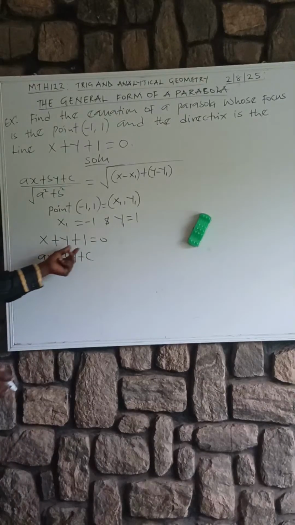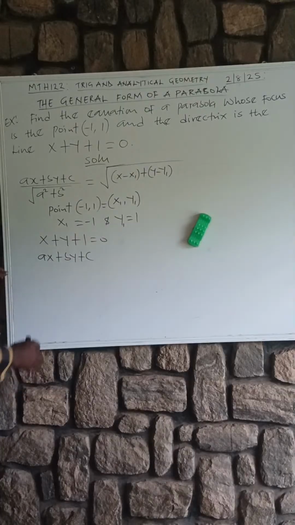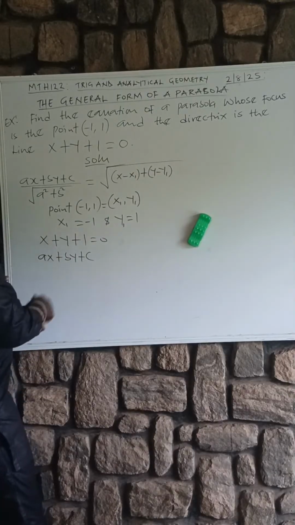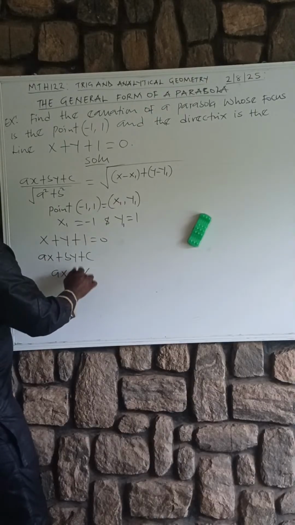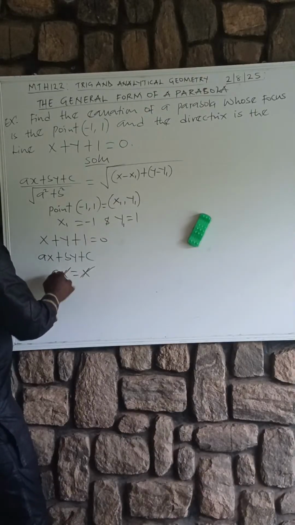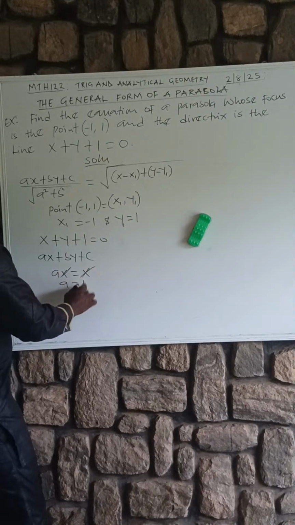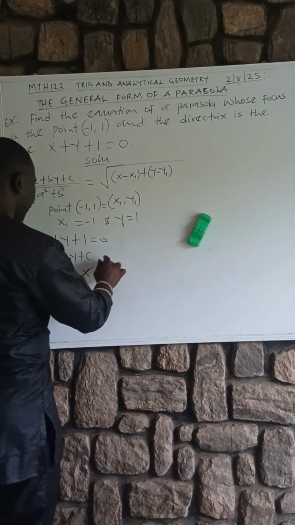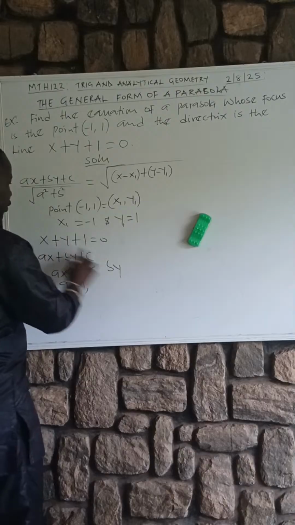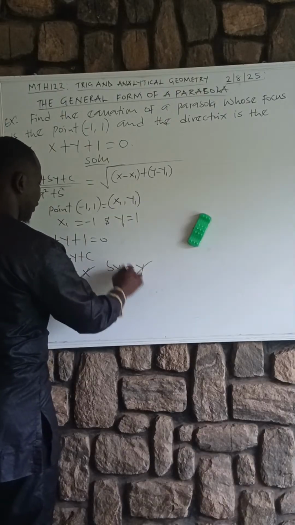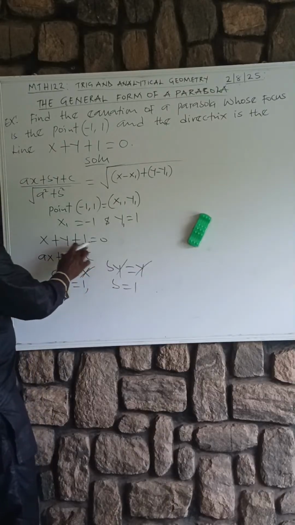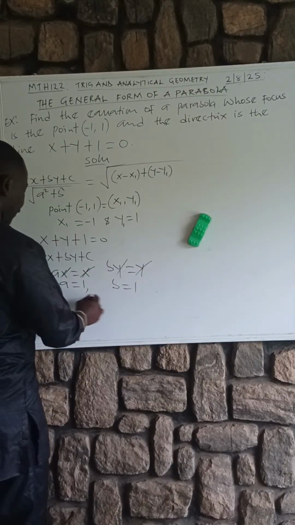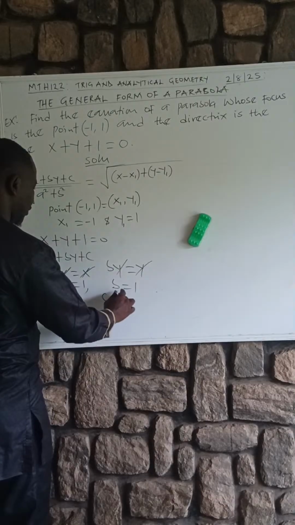By the time you equate them, ax is equal to x, so a is equal to 1, and by is equal to y, so b is equal to 1, then c is 1, the constant. You don't need a prophet to tell you, c is equal to 1.